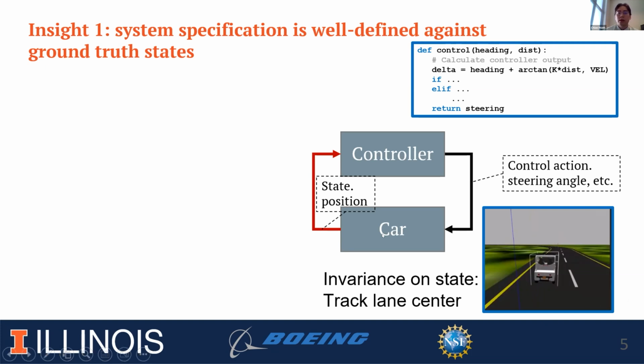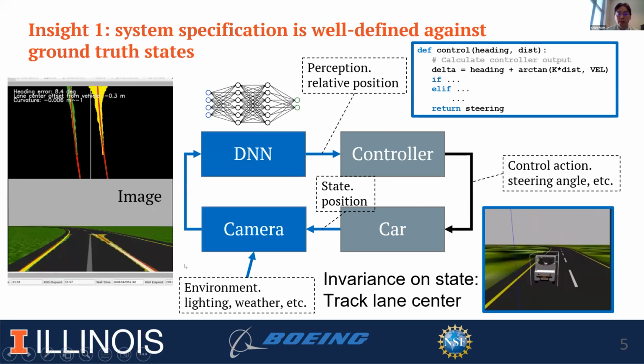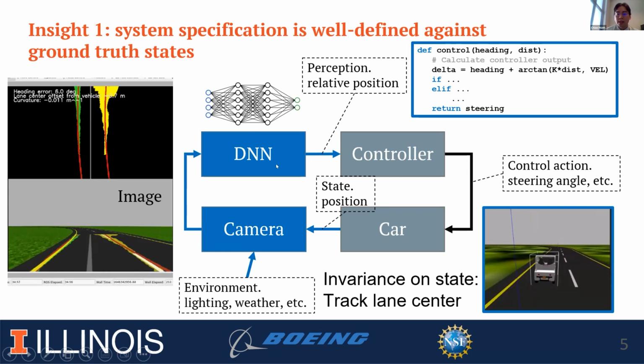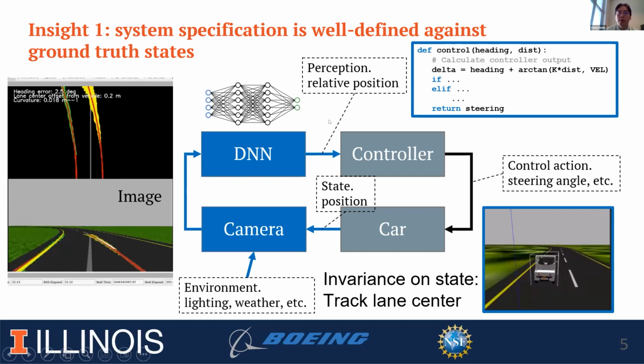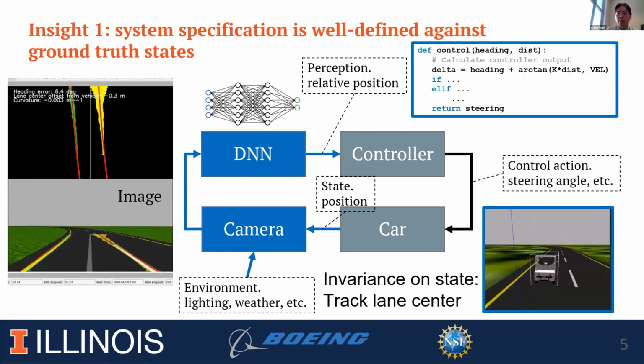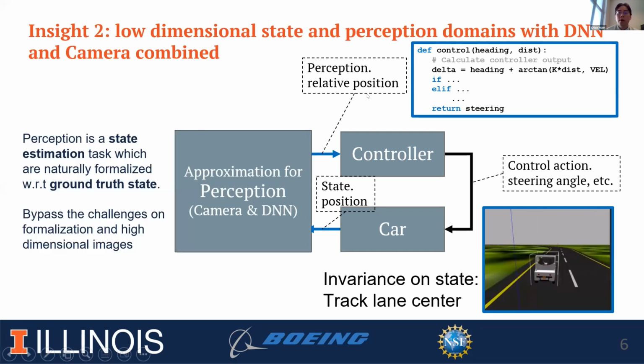But if we go back to the system with the DNN components, the idea is that if we can relate the input ground truth state information with the output perception output, then we could deploy existing proof techniques. Therefore, our insight is to approximate the camera and the DNN components together. This helps us bypass the two challenges.